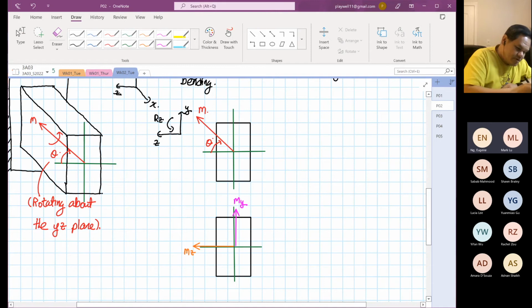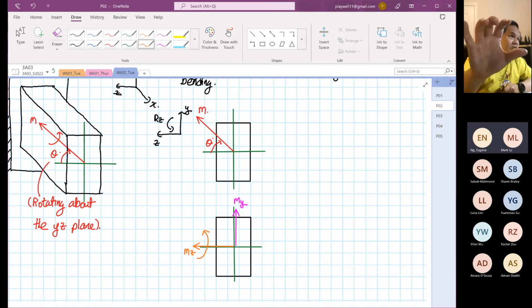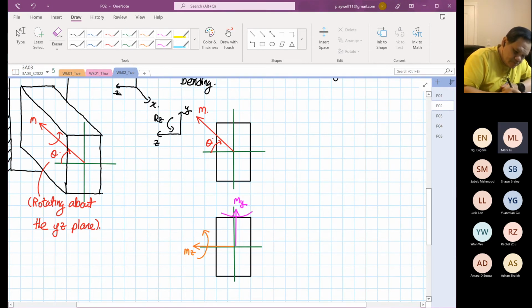So if we were to use our right hand rule, right, Mz will be in this direction, right? So you just use your right hand rule and the thumb points the direction of the arrow and your fingers are grabbing. Don't close it, okay? If you close, the thing will start to rotate. Just grab, okay? If you grab it, this is how Mz will look like, and then My, okay, will be in this direction. Right, when you grab it, there is your My direction, okay?